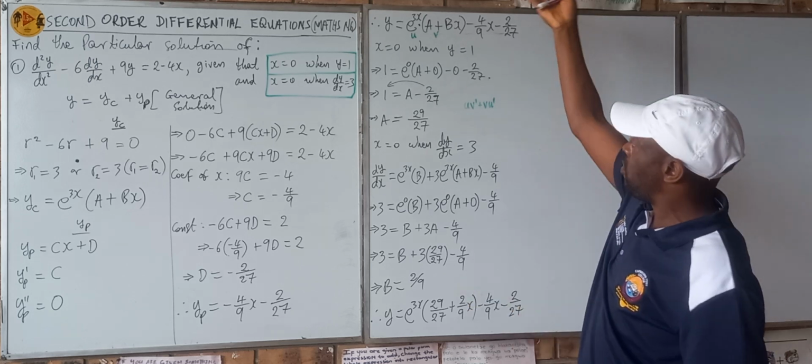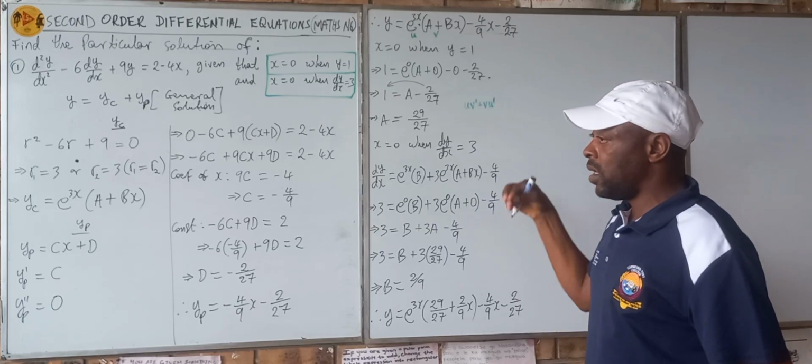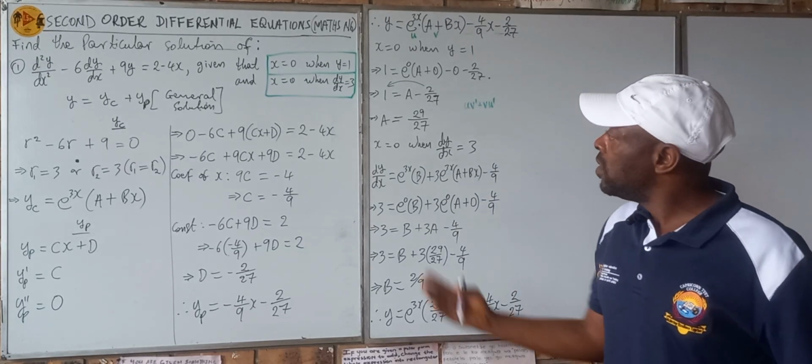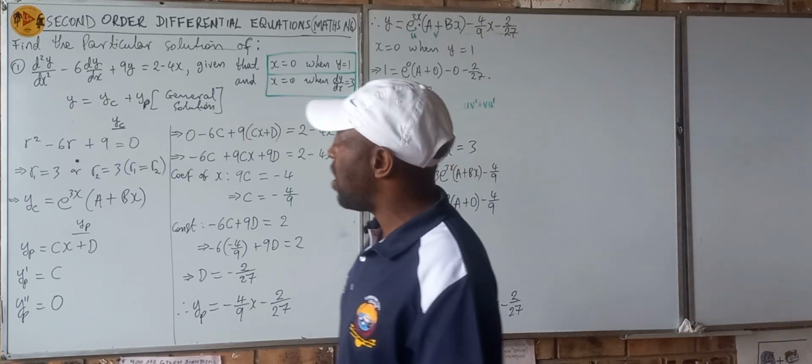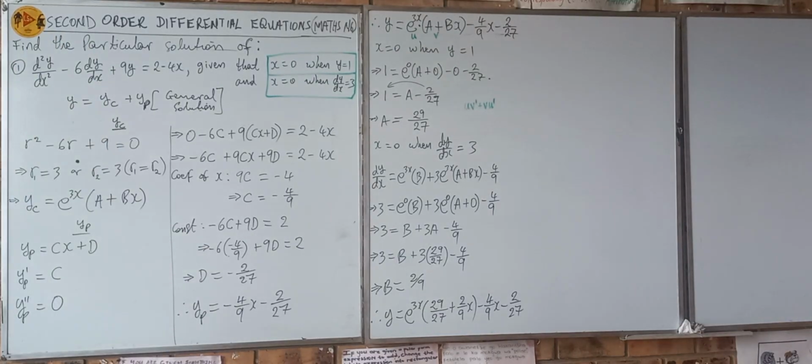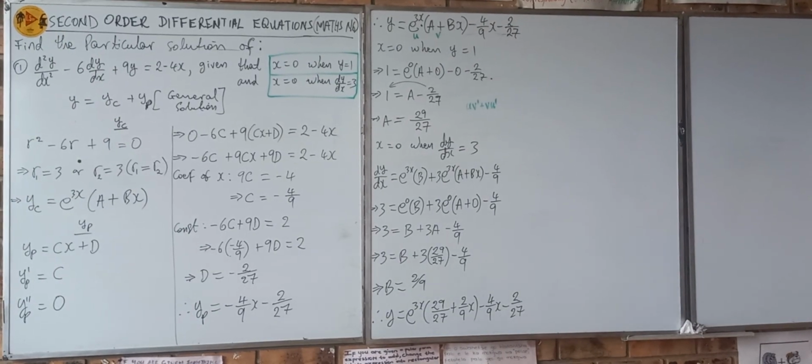So I'm just copying my general solution, then in the position of a and b, I'm slotting their values in. So guys, that is how we get a particular solution for a second order differential equation. Thank you very much.